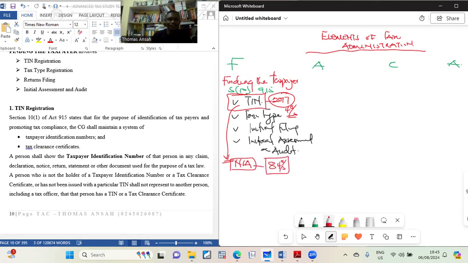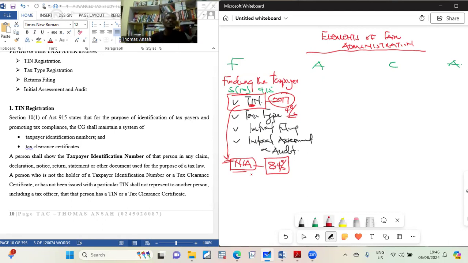If you remember, one of the things the GRA is supposed to do is to improve information flow among divisions. So long as NIA has your data, GRA should be able to identify you as a taxpayer. So GRA should have at least 84% of Ghanaians in their books as taxpayers, and they are supposed to be chasing them for taxes. So it means that 84% of people should be able to file their taxes.